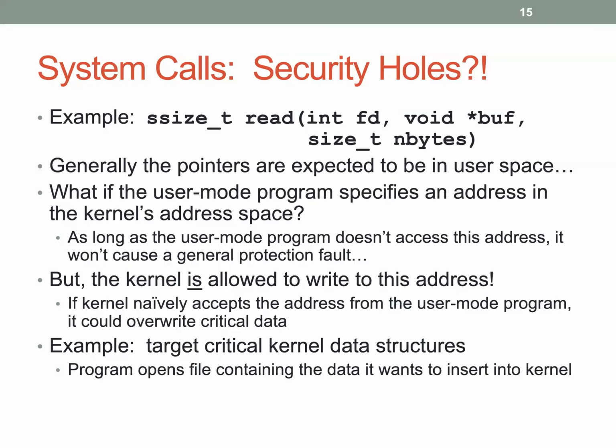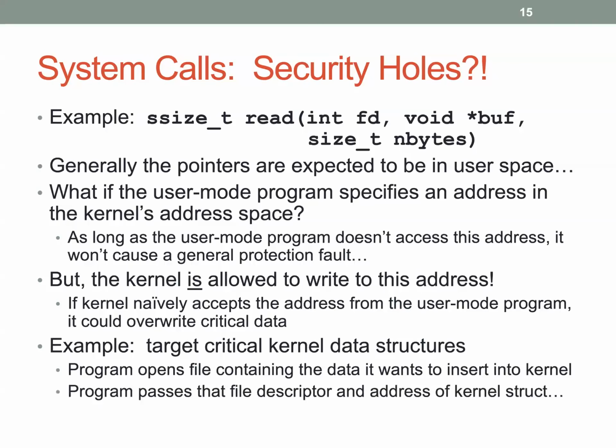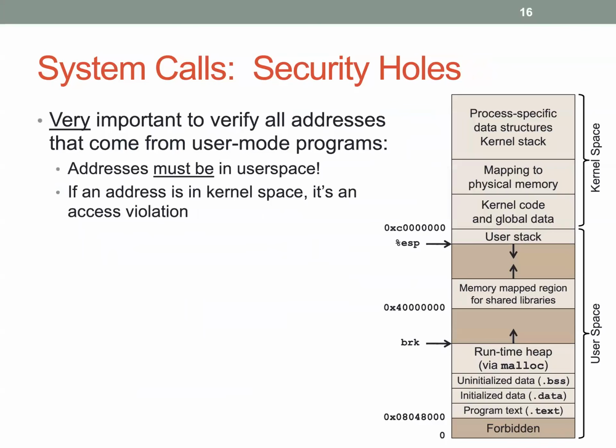And a good kernel will say, absolutely not. I don't want to do that because that's not safe. So this is a major issue that all of you will have to deal with when you implement your system call handlers. Now, it turns out that you can get to 90% of the solution with one simple check.